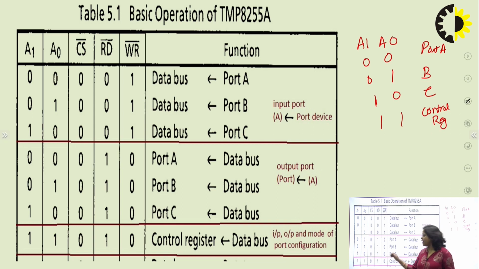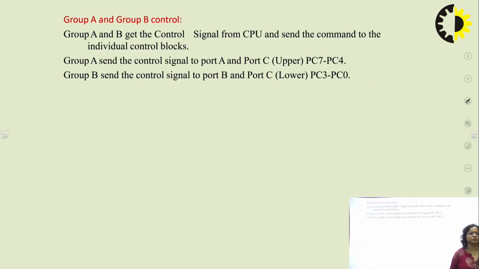Similarly, when write bar is 0, the data bus value is written to port A, B and C respectively. And when this is 1, 1, the data bus value will move to the control register in case of I/O, output and all the modes.